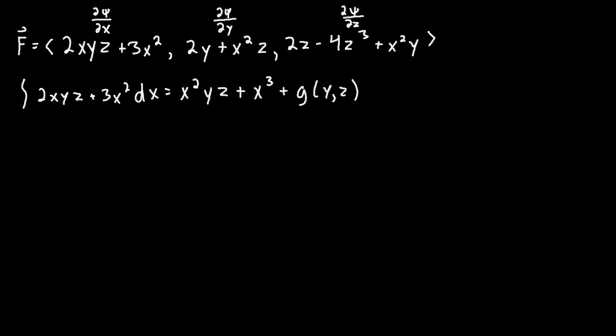The reason why is because when you differentiate with respect to x inside of this first component of the vector field, you're going to get rid of any terms that aren't reliant on x. Let's say if you add another thing like y squared plus z squared, and you found the x partial of this new expression, these would just cancel out.